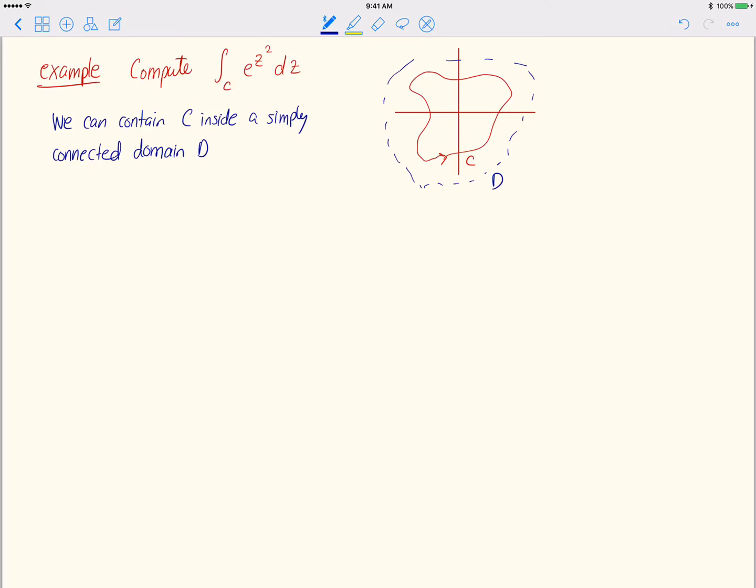Obviously it's analytic everywhere, so it's going to be analytic in D as well. So, since e to the z squared is entire, it is analytic in D as well. So it follows from Cauchy's integral theorem that this integral is just going to be 0.